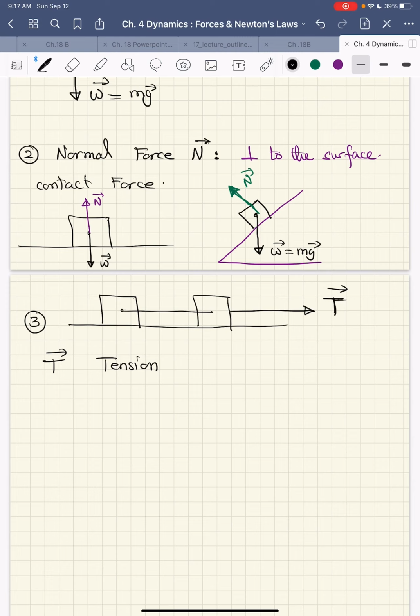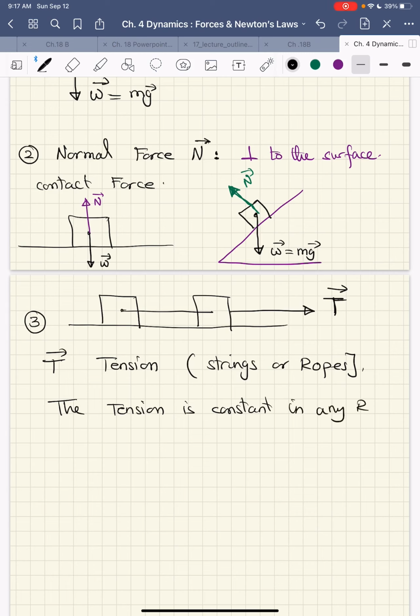Otherwise, it will break. Tension, usually whenever we have strings or ropes. And as I said, the tension is constant in any rope. What does that mean?